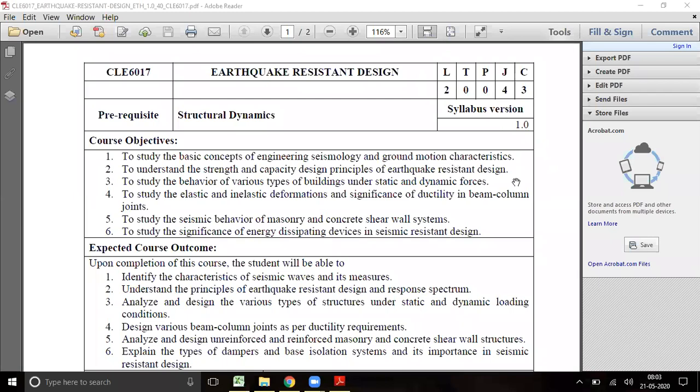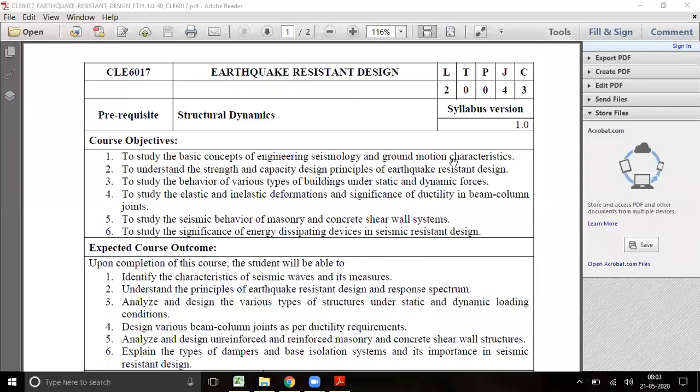But in engineering seismology, we will be studying about tectonic plates, how an earthquake is generated.